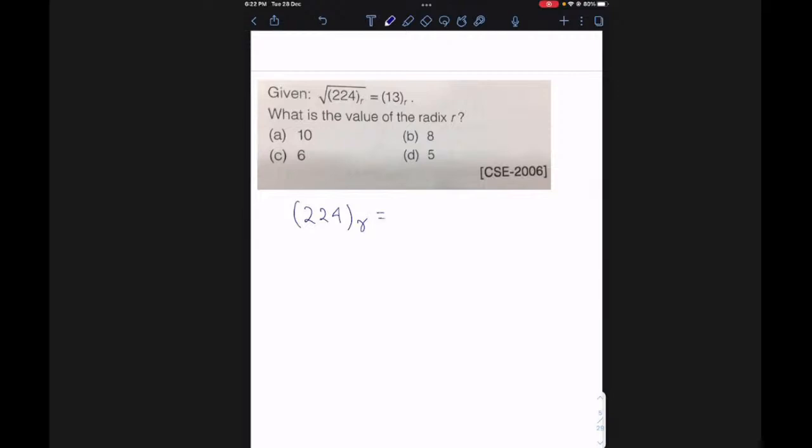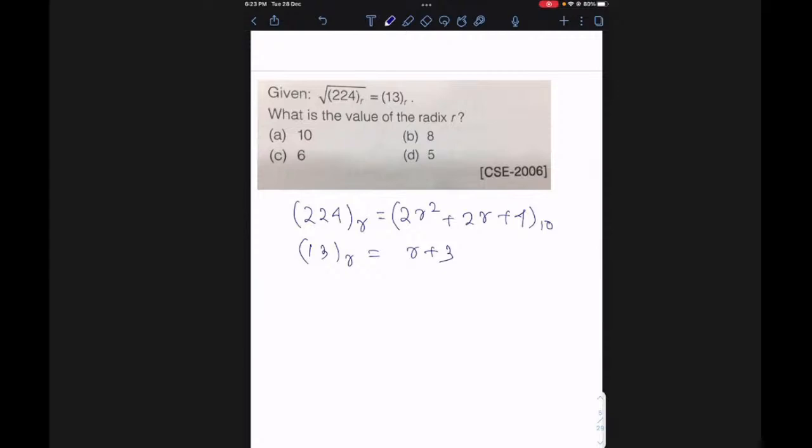So r can be 4, 5, 6, whatever it is. How do I get the base 10 equivalent? This is 2r square, the same polynomial expansion, plus 2r plus 4. So this is the base 10 equivalent. Similarly, 13 in base r, if I write in base 10 form, is 1 into r, that is r, plus 3 into r power 0, which is 3.